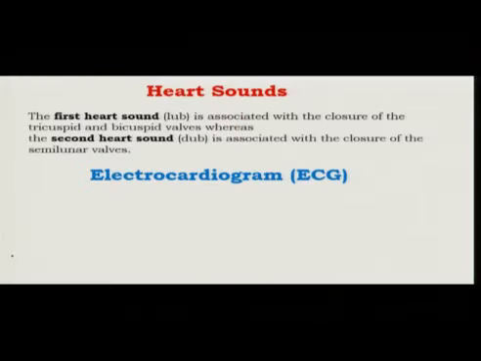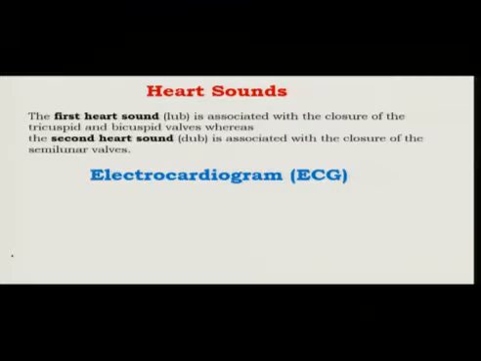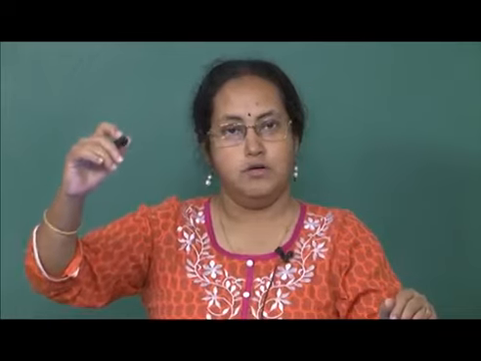Now, we are going to move on and talk about another aspect of the heart function, that is how to monitor the functioning of the heart. This is done through what is called an electrocardiogram or ECG. Most of you might be familiar with it. You must have watched television shows or movies in which a person is hooked up to a machine and his heart activity is being monitored, and on a screen you can see the heartbeat of the person.